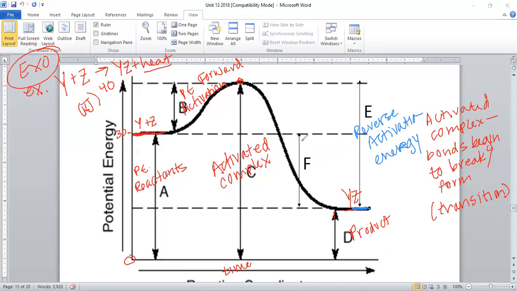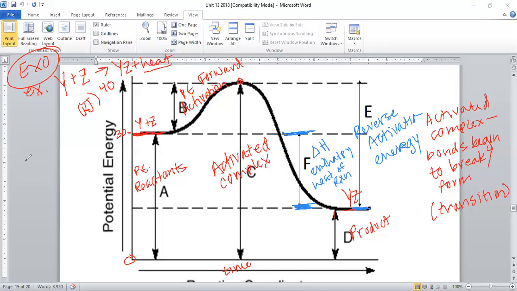And then we have letter F, and this one's really important. This one is in the center. It's the arrow that does not touch the top and does not touch the bottom. This represents delta H, which is also called enthalpy and also called heat of reaction. Those three things mean the same thing.